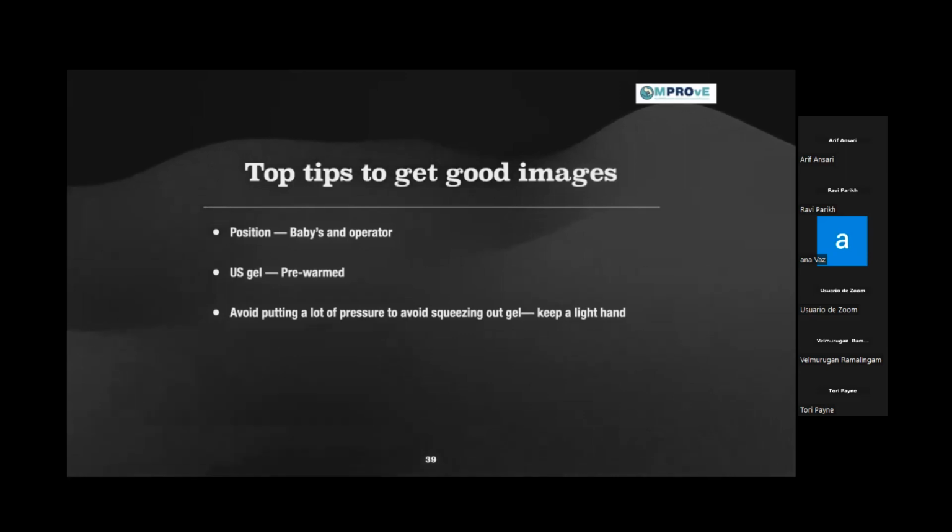Sometimes by the time the baby is settled and you are there with your scanner, the nurses have just turned the baby from supine to prone or the other way around. So it becomes important how the baby was positioned when you are interpreting the image.